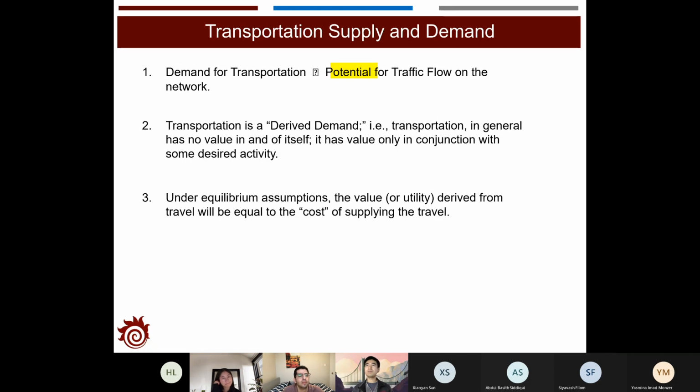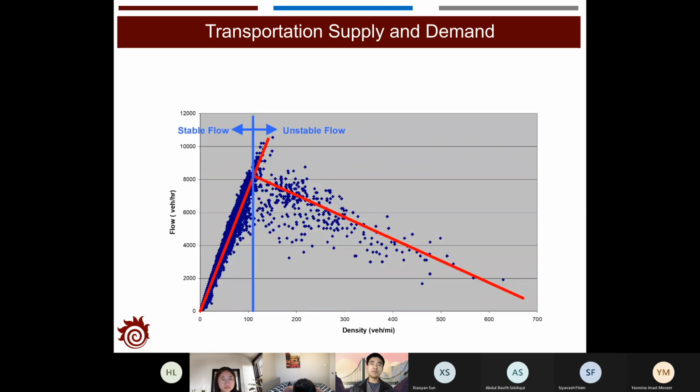So first, let's explore the potential. The first assumption was the potential for traffic flow in the network. I believe you are all quite familiar with this fundamental diagram. It shows the relationship between flow and density.